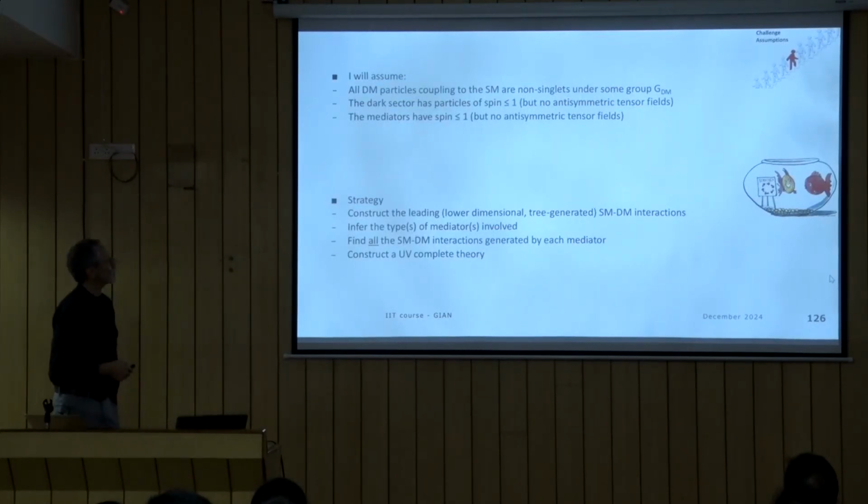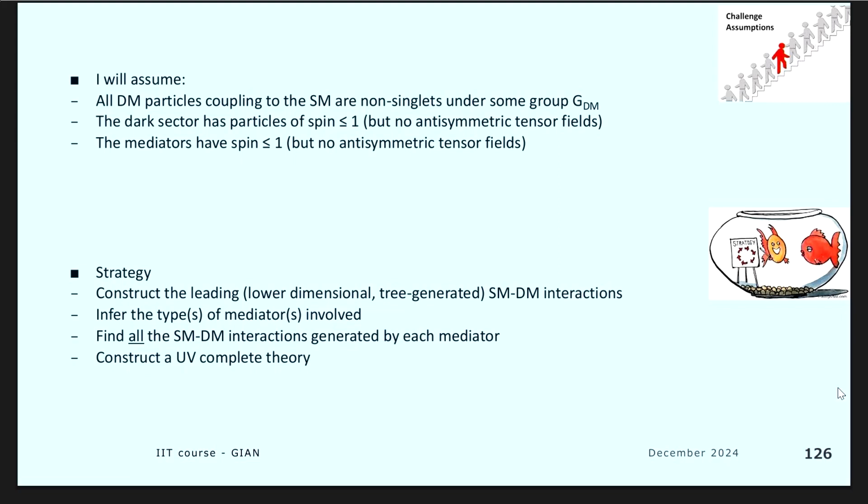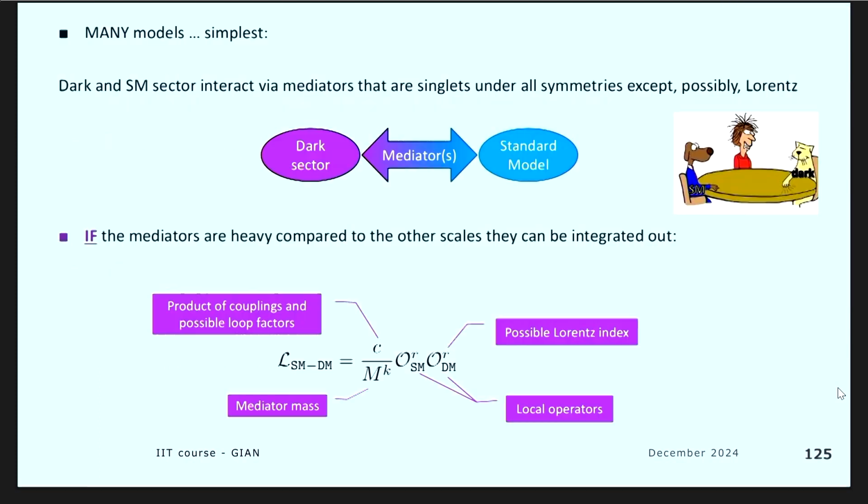So that looks familiar. It's just another effective operator. So I will assume the following things. All dark matter particles coupling to the standard model are non-singlet under some group GDM. That is, they couple via the mediator.